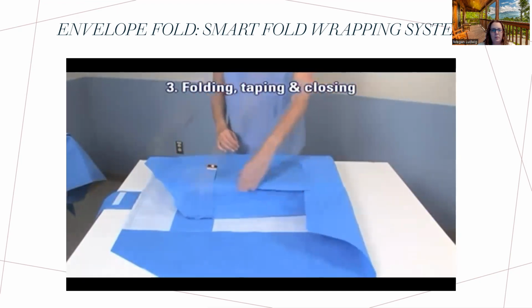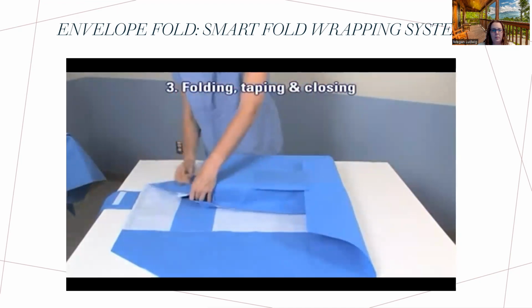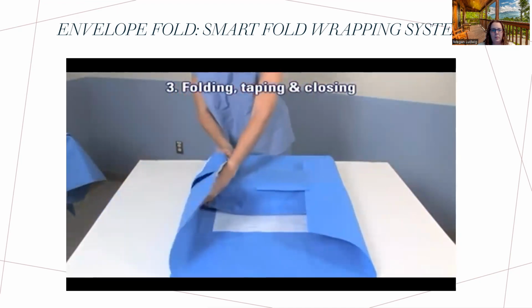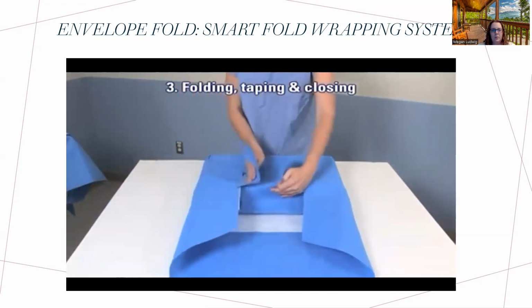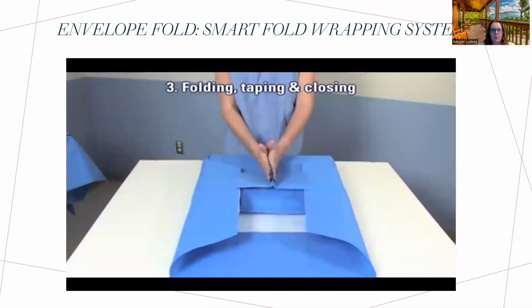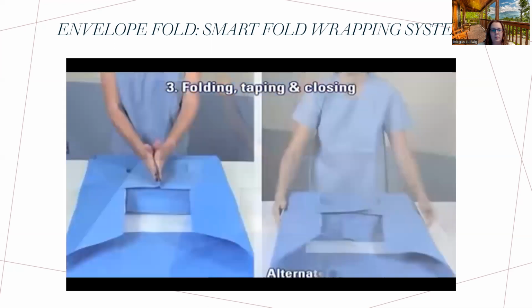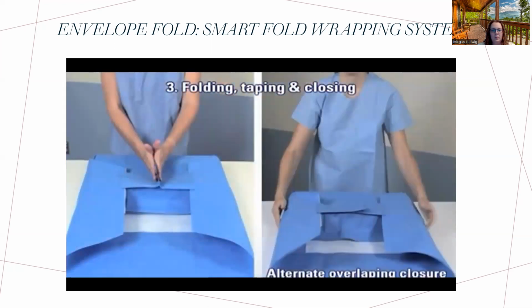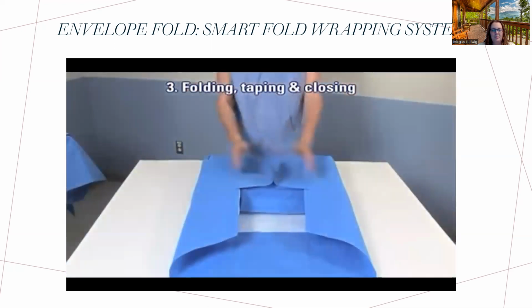The strip will keep the tab in place while you complete wrapping. Repeat the process from the other side, again patting the side tab into place on top of the tray. Bring the outer ends of the flaps together, like this, or overlapping. SmartFold's ergonomic design features keep the fabric in place without elbows or awkward bending and twisting.